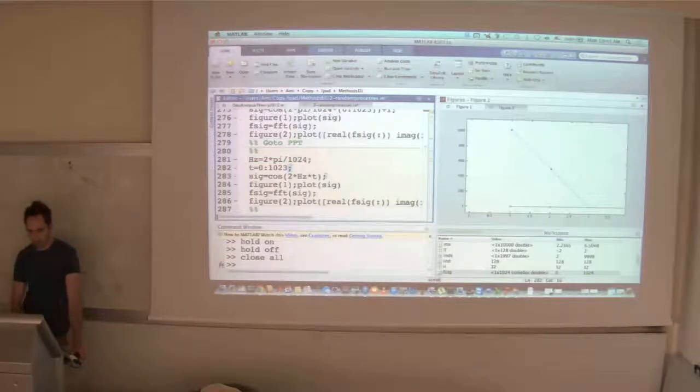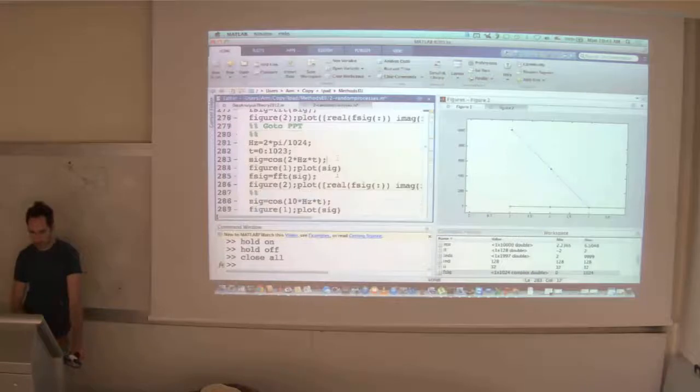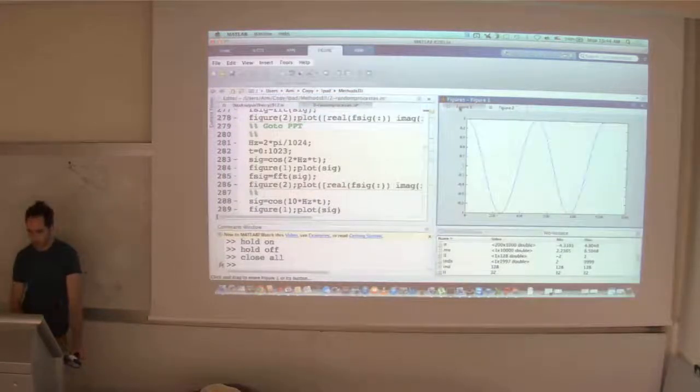We have time, and we have our signal. And let's look at it. So we can see that it starts at 1. It has 2 nice cycles. One important thing is that we can see that the signal actually ends where it started.